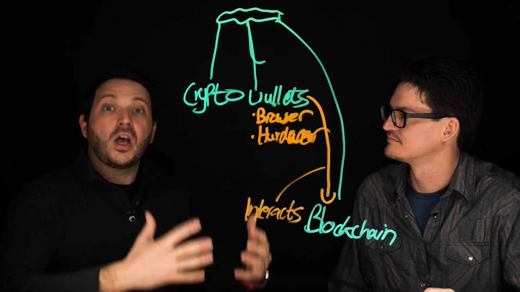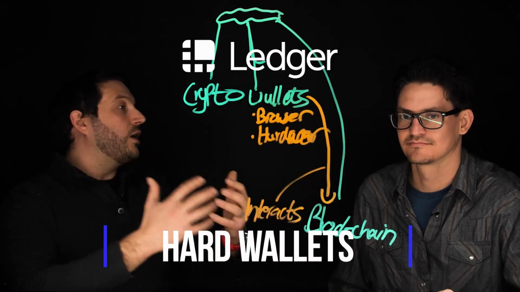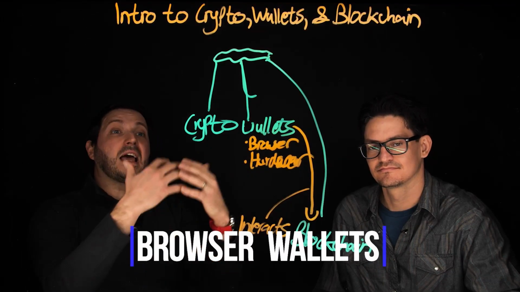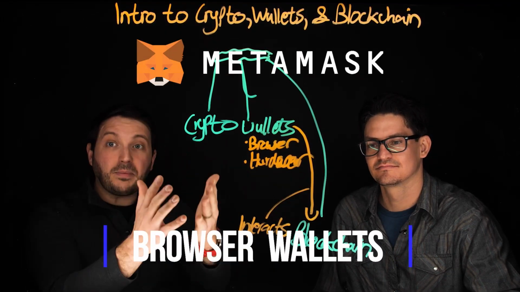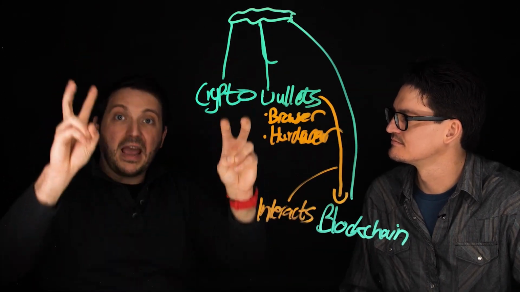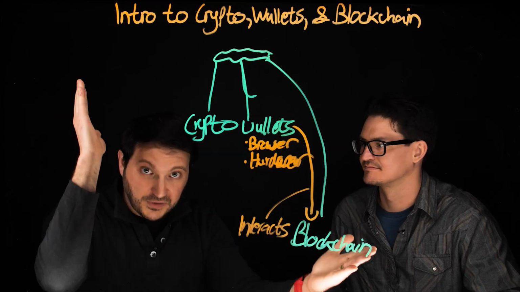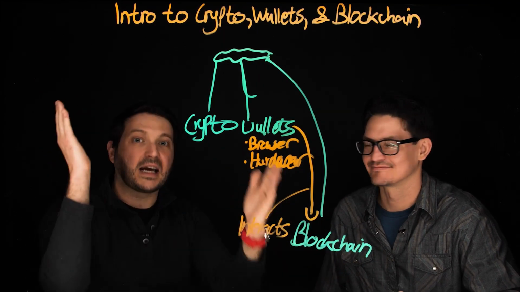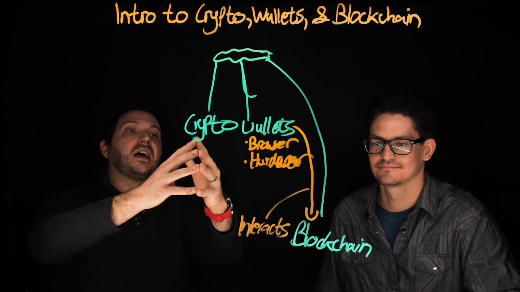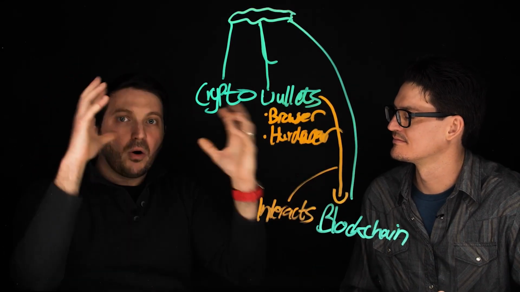The wallet is yours. You have hard wallets like Ledgers, and you also have browser wallets like MetaMask where your cryptocurrency is stored. Think of your wallets as your bank account. Exactly. And then you have blockchain, which everything lives on, and how it works, the technology, the infrastructure that supports all these things. Now, I'm sure you may have a lot of questions, but those are the fundamentals.